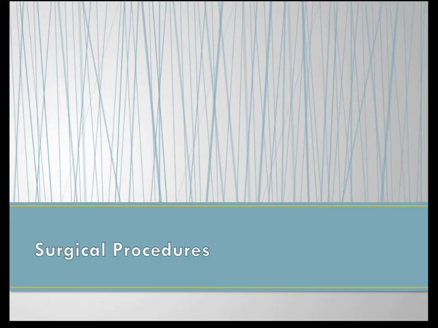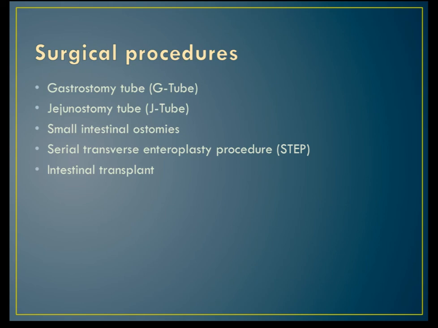And finally, we'll talk about surgical procedures and then investigational medications. But there are some surgeries that we can do, and I know you're thinking surgery is what caused this problem to begin with, because we had to remove the patient's bowel. But we can put in various feeding tubes to help the patient get enteral nutrition if the patient needs it.